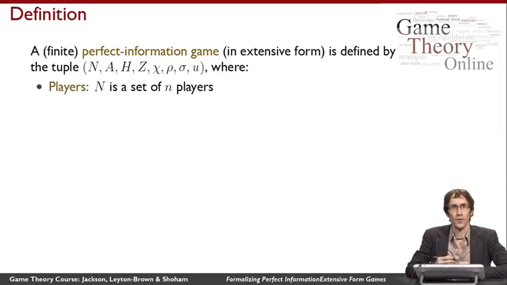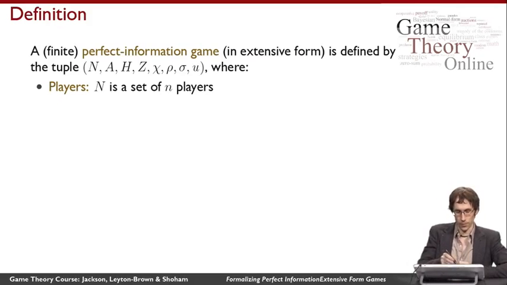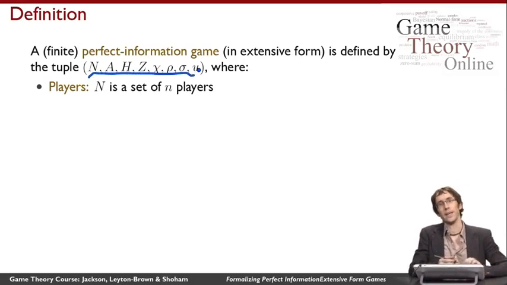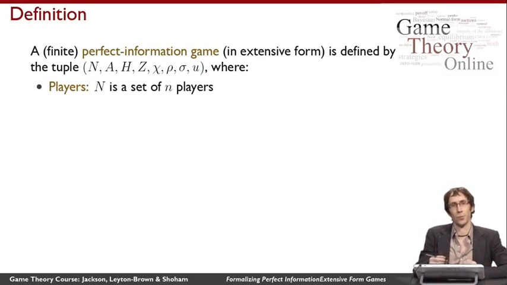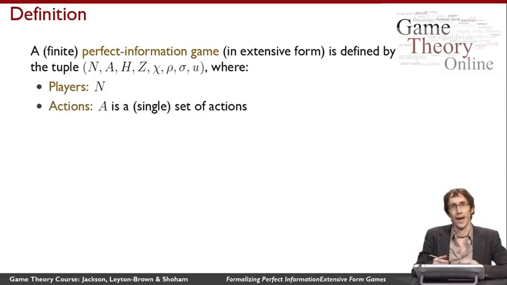So a perfect information game in extensive form is defined in a way that's much more complicated than normal form games were. We need a lot more pieces to make it work. So we need all of these different pieces here. And intuitively, what's going on here is that we have a set of players, as we did before. We have a set of actions, which now is just a single set for all of the players, rather than having a different action set for everybody.